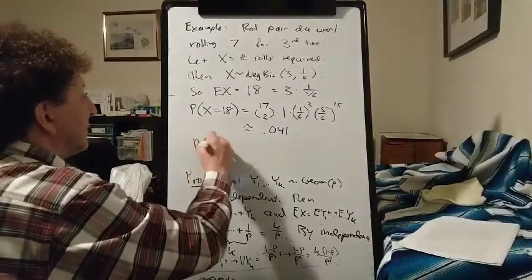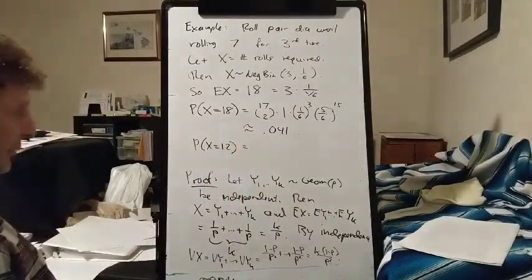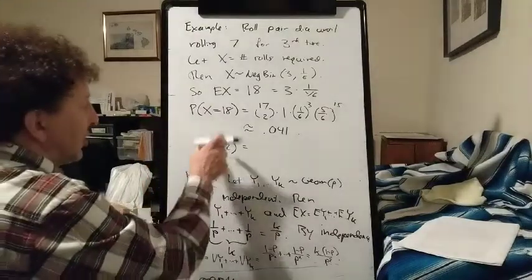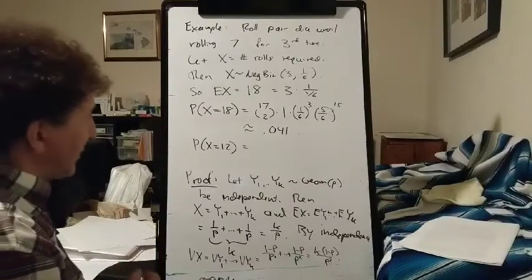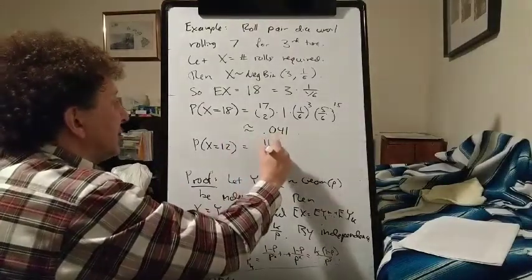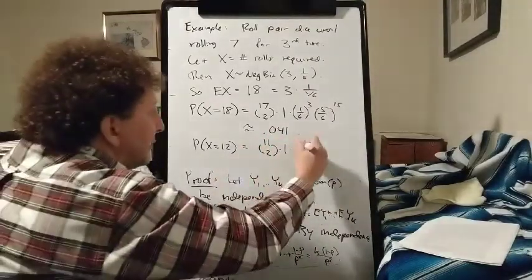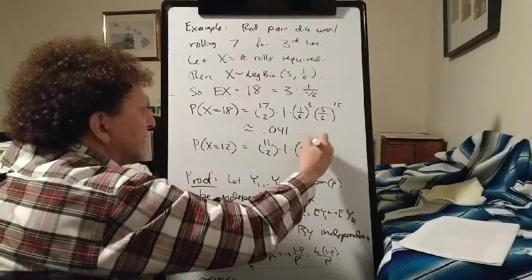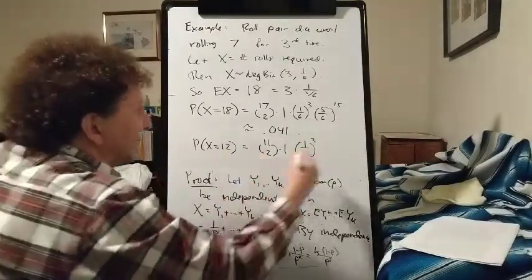So let's compute another one. The probability that it takes 12 rolls. So that's shorter than what we would expect. I would think maybe that's a smaller probability. This is already pretty small though. So we want 2 successes in the first 11 tries and then a success on the 12th try. So 3 times 1/6, 3 successes.